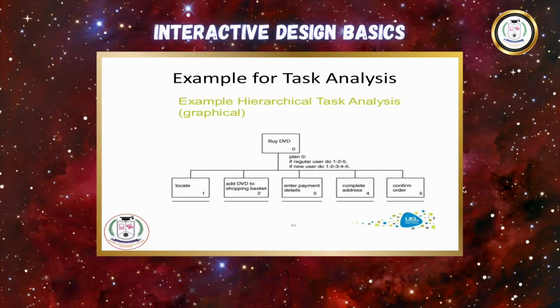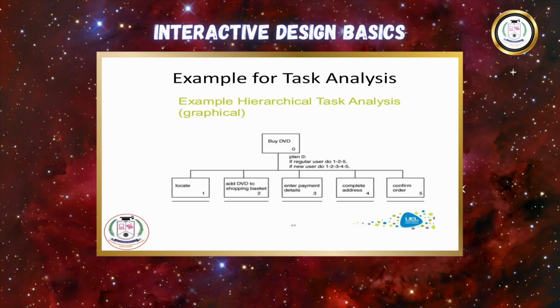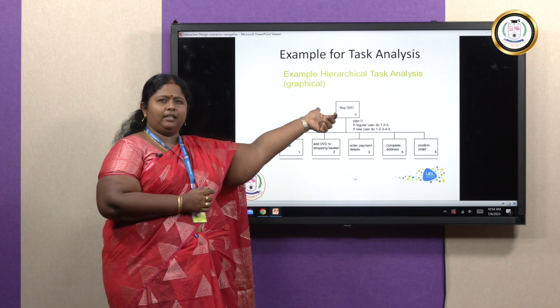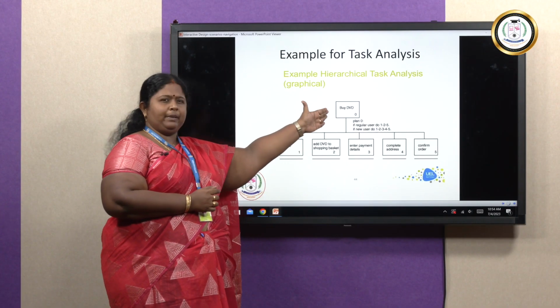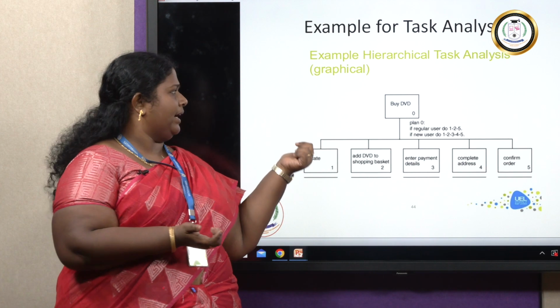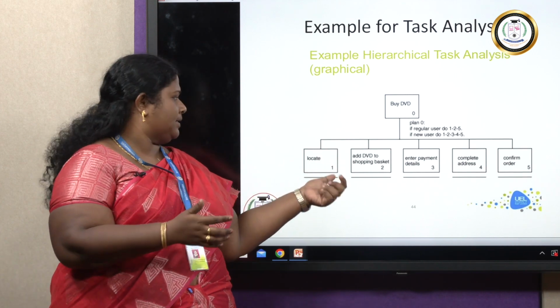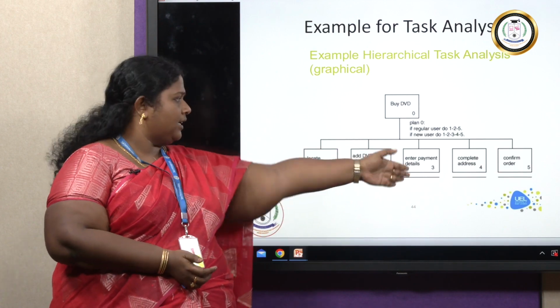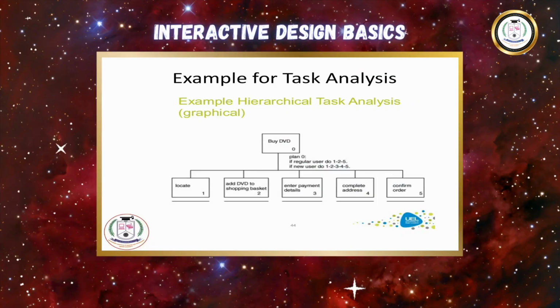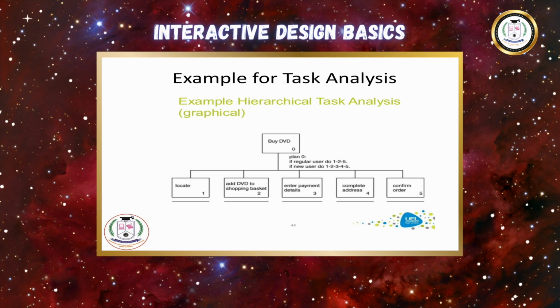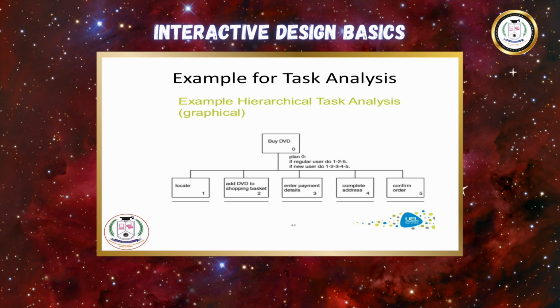And here, an example of a task analysis. Generally, what is my task here? Buying a DVD. Suppose I'm buying it on an online platform. Locate where my DVD is present, add it to my basket, enter payment details, either cash or other modes of payment, complete my address, confirm order.